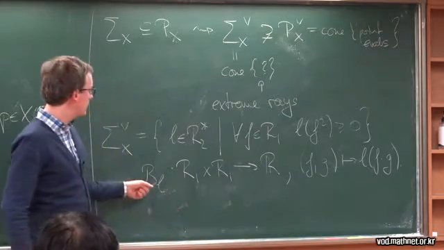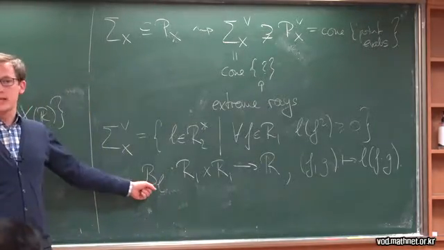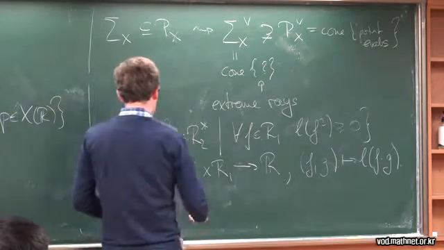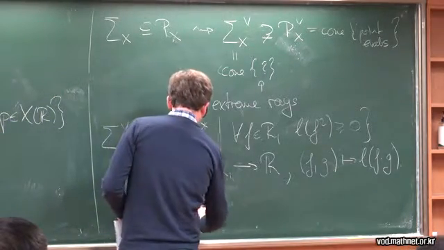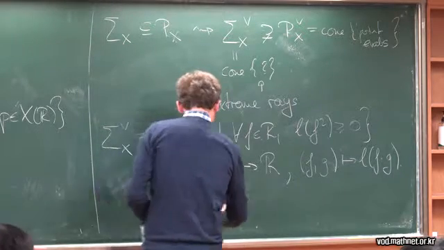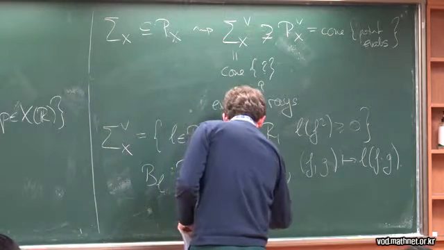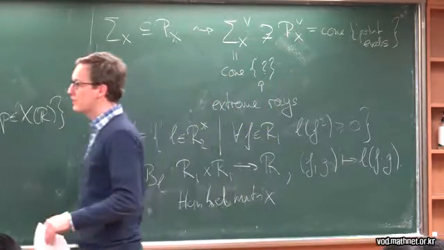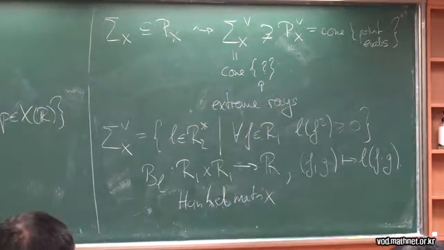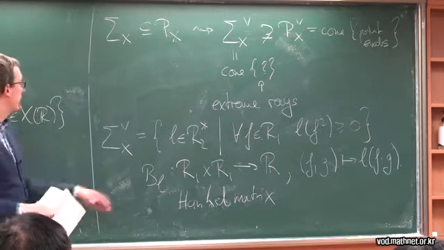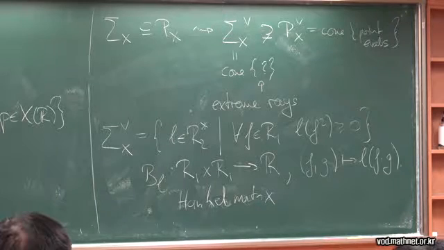It means that this bilinear form is a positive semi-definite bilinear form. So this is, we like to call it Hankel matrix. Other people like to call it moment matrix or catalecticant, so they're all the same. So this is what we call a spectrahedral cone.